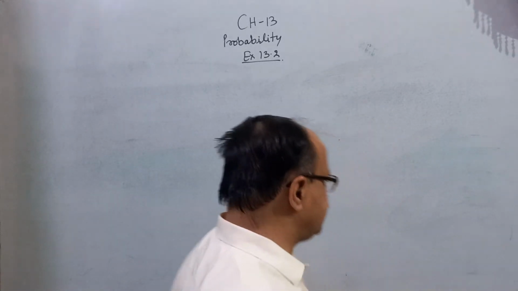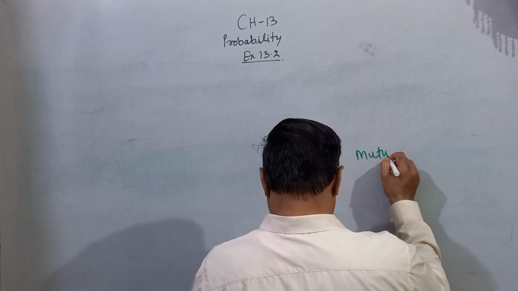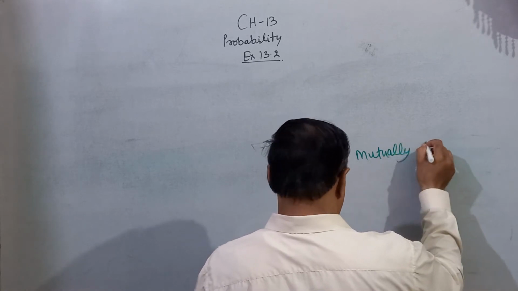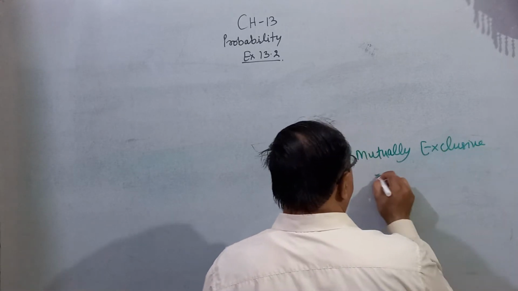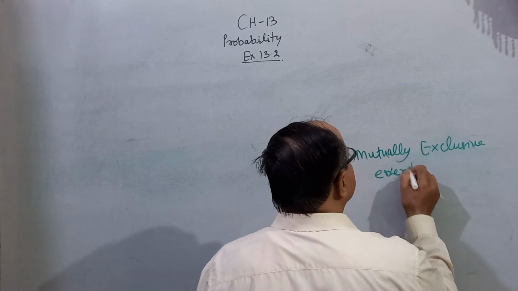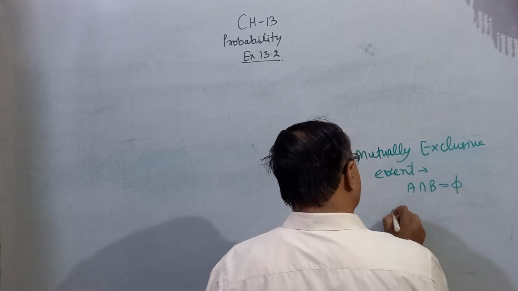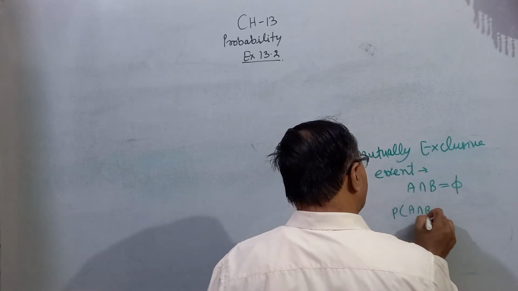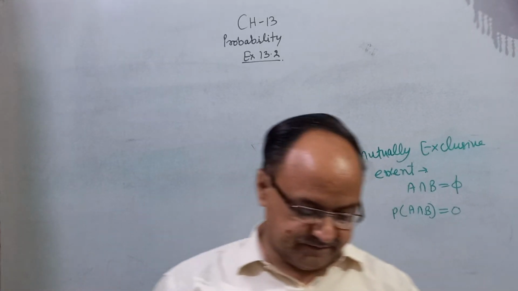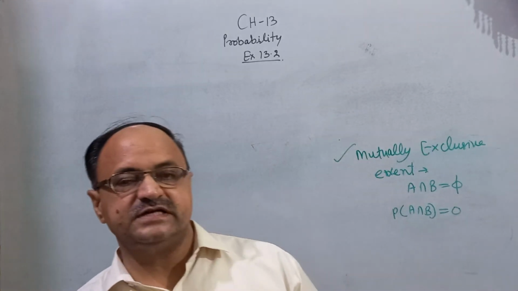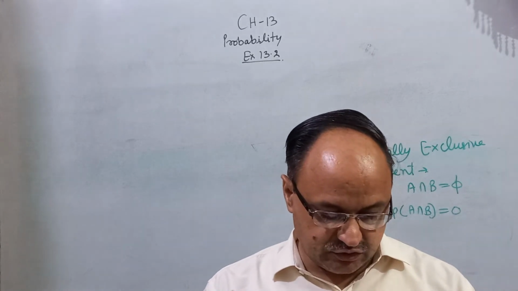In mutually exclusive events, you can say A intersection B is equal to phi and the probability of A intersection B is equal to 0. Because you know that two events are said to be mutually exclusive if their intersection is equal to phi. Right?